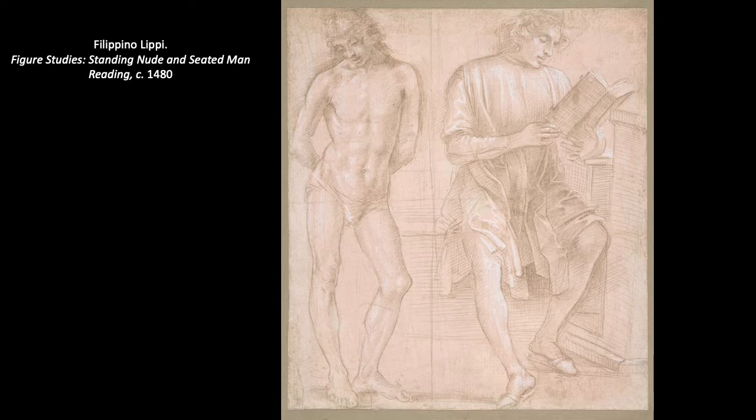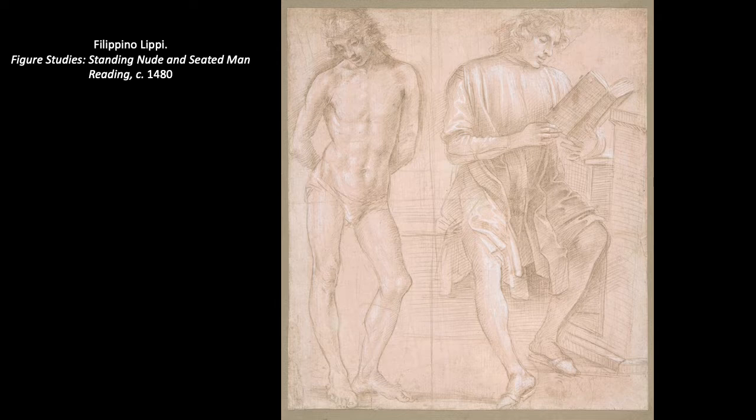But we have these two figure studies that he's done in metal points, probably silver point, on this, again, pale pink paper. And if you notice, he's managed to create these dark areas, building up areas of darker value through fine hatching and cross-hatching marks. And then he's gone back and painted in some highlights with white.